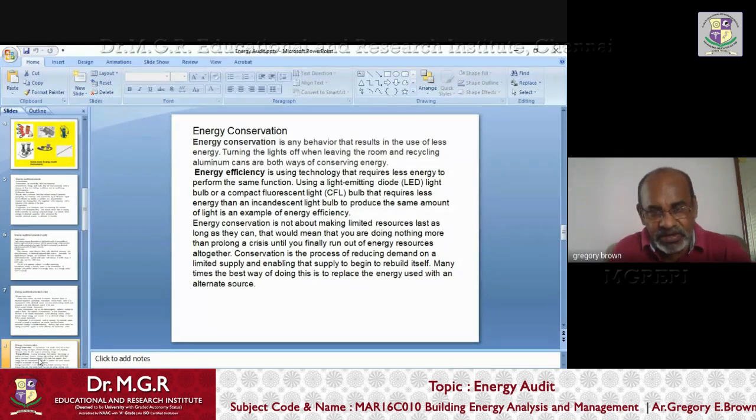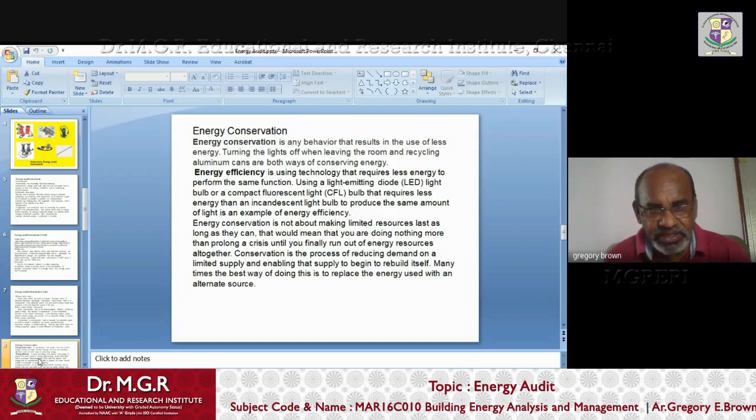For example, we have an incandescent bulb which is using some amount of power and giving some amount of brightness to the room. Now, when we use alternate luminaires like the LED or the CFL, the compact fluorescent lamp, you are getting the same amount of light, but the energy consumed is less. So this is energy efficiency.